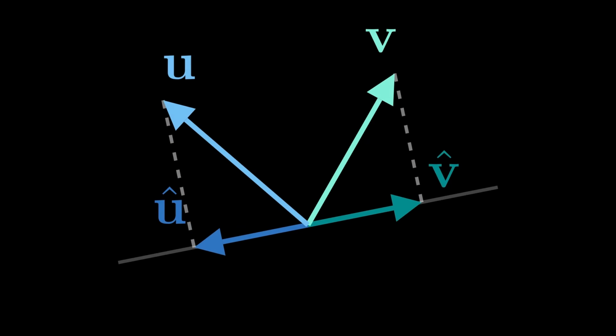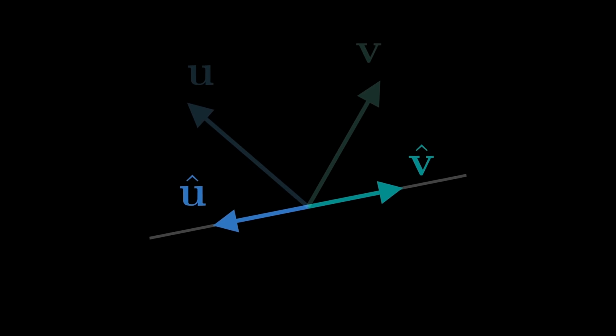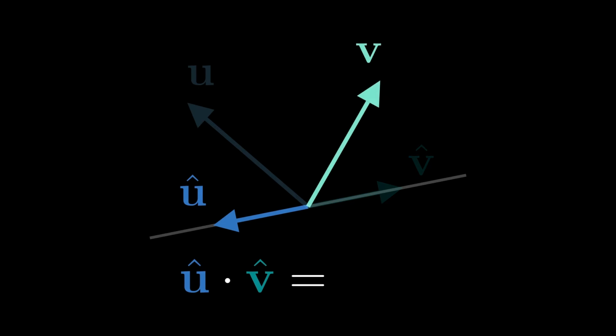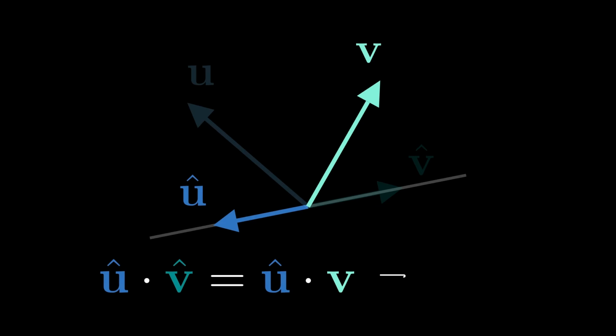The claim again is that we'll get the same result if we project both vectors and then take the dot product, or if we only project one of them and then take the dot product with the other, and that we can pick either one.